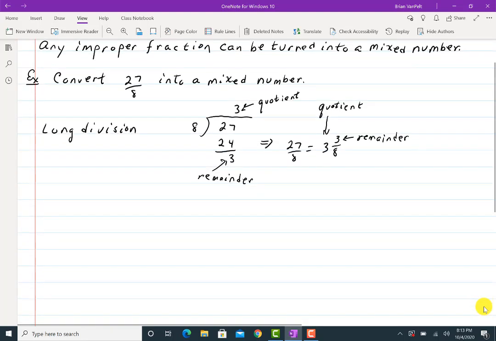Let's do another example. So if you haven't done long division in a while, you'll have to brush up for these particular examples. Let's convert 79/3 into a mixed number.